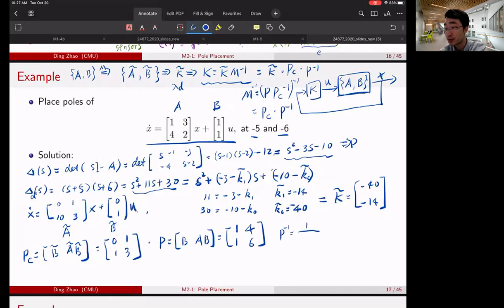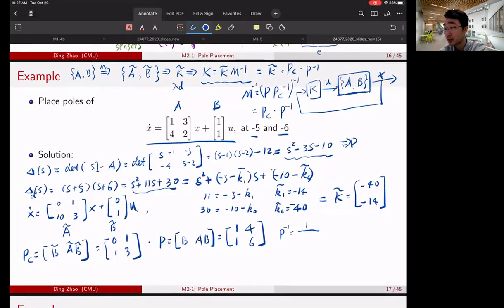If this is ABCD, then the inverse is 1 over AD minus BC, times D, minus B, minus C, A, right? So that's the formula. We compute this to be 6 minus 4, so this will be half. Then this one will be 6, -1, -4, 1, right?